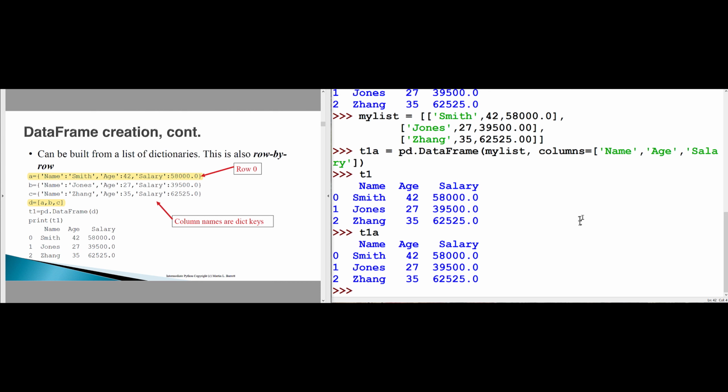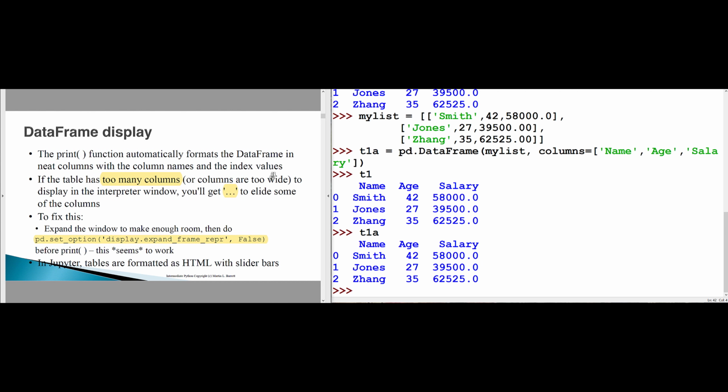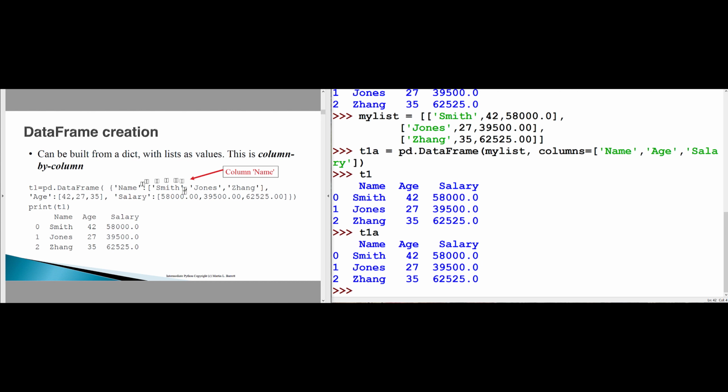All right, so this is sort of upside down from what we did 3 slides ago. Here we created a single dictionary, in which we gave 3 keys. Those are the column names. And associated with those keys, we had 3 values representing the row values for each of those columns.